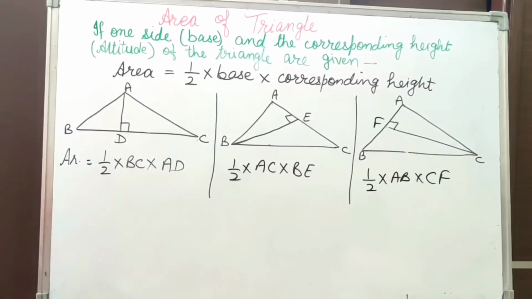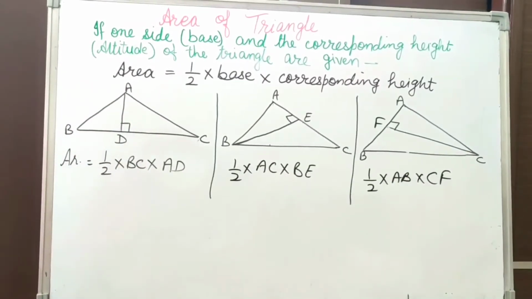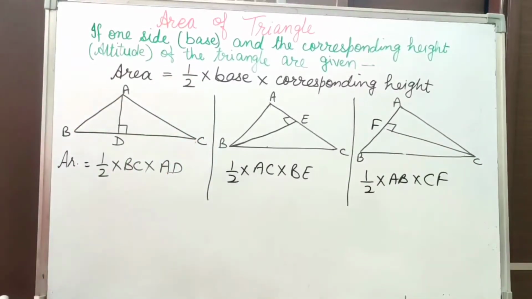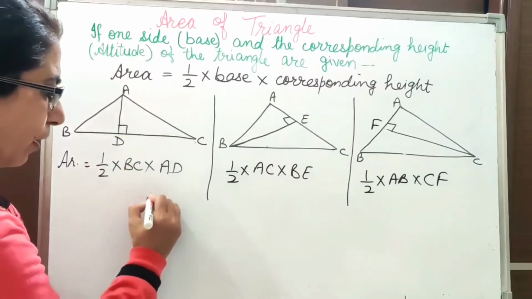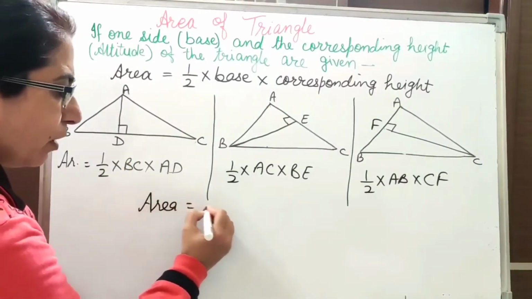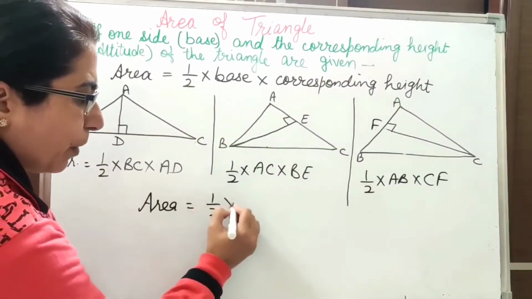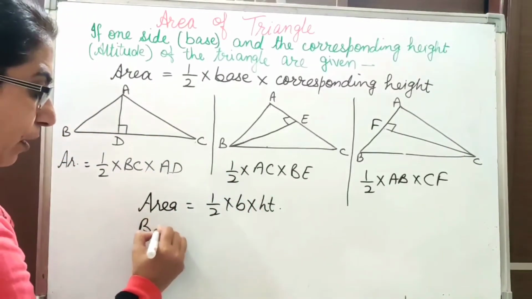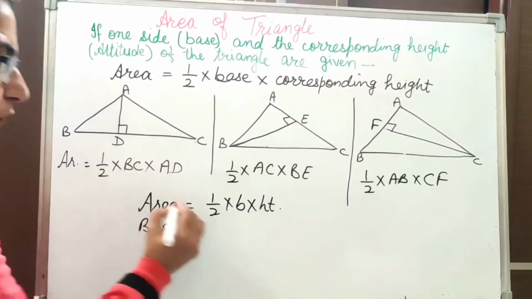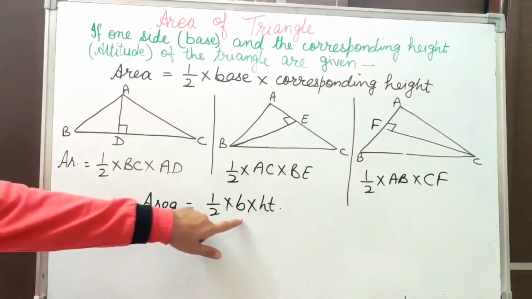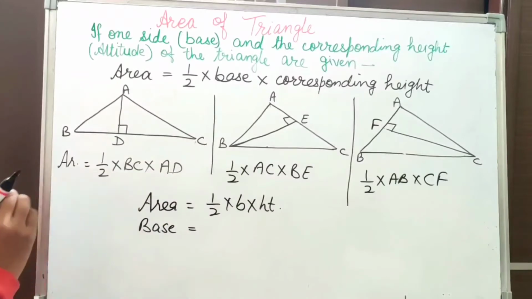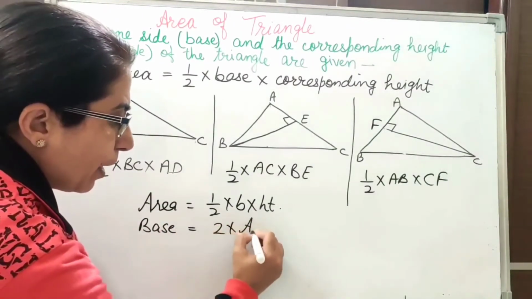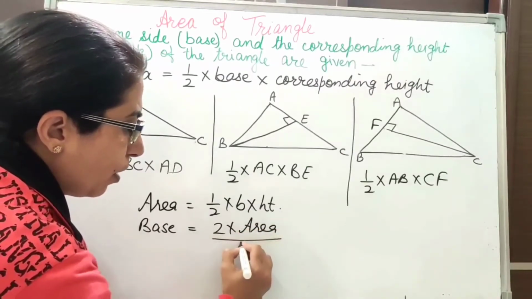So this is the area of a triangle. From this formula, if we are finding the base, the area is already given, and after solving this equation we will get a direct formula: base is equal to 2 multiplied by area upon height.